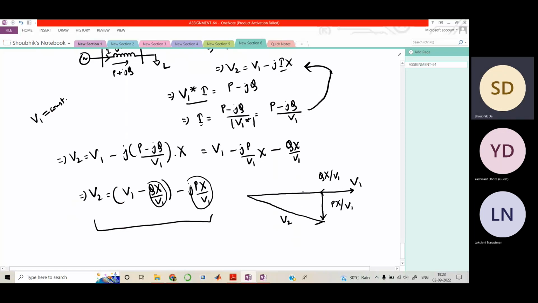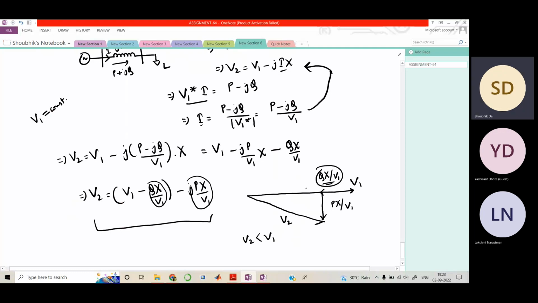You can see that the magnitude of V2 is far less than V1. So V2 is less than V1, and it is mainly due to this term, because V1 is being reduced mainly by this term.